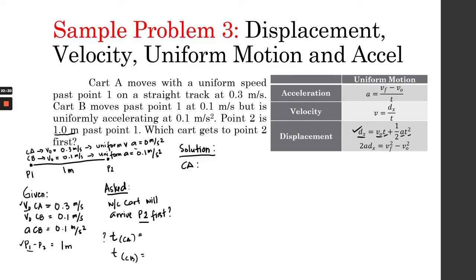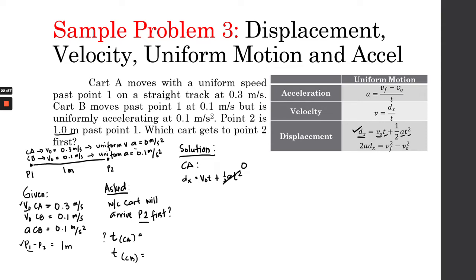So for cart A, we will use dx equals the initial velocity times time plus 1/2 a t squared. But remember, our acceleration is 0, so we can remove this term because any number multiplied by 0 is equal to 0.